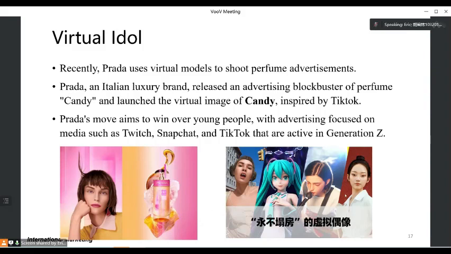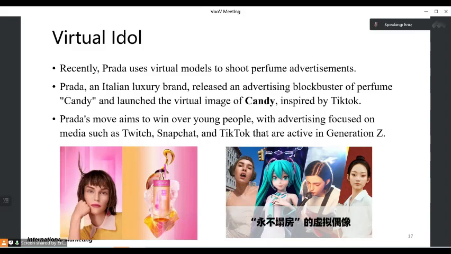And in the China market, there are more and more virtual idols. We find that with the development of the metaverse, more and more brands want to use virtual idols. Just on TikTok, on Douyin, we find that some virtual idols have so many followers.